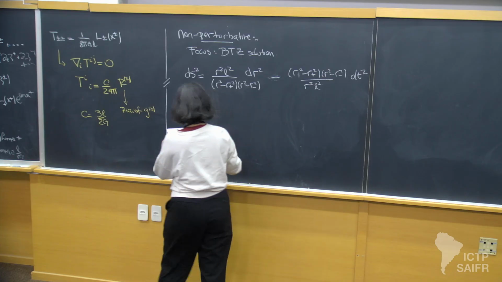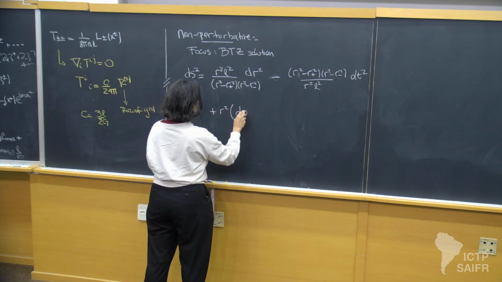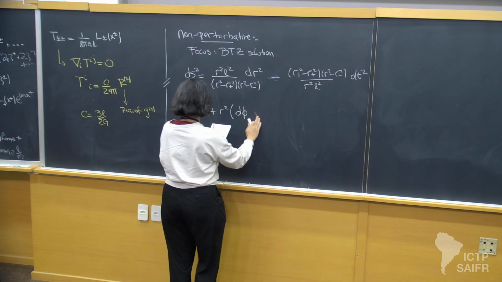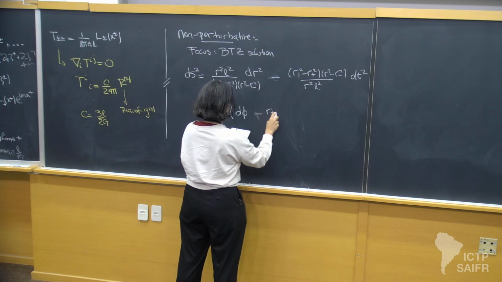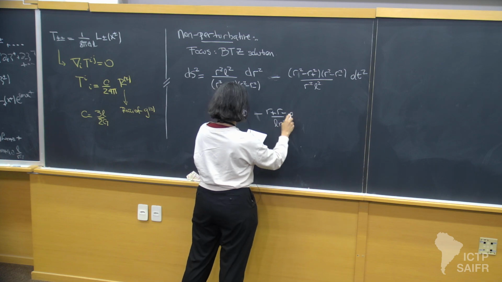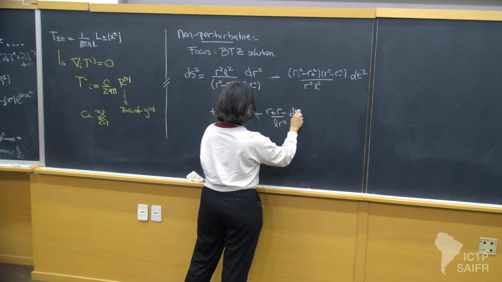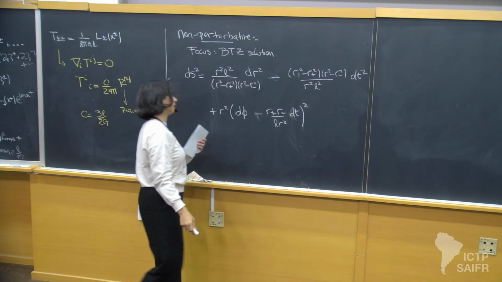dt squared plus r squared d phi, and then here minus r plus r minus divided by r squared dt squared, okay?